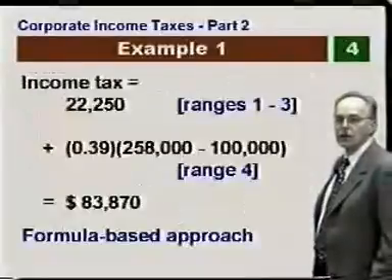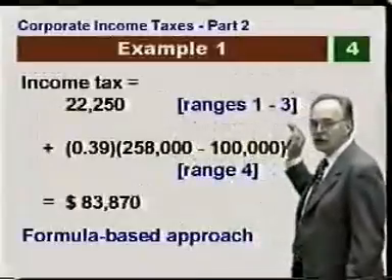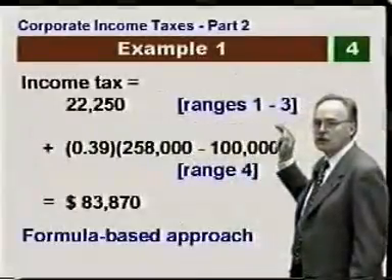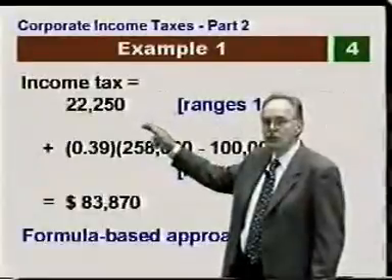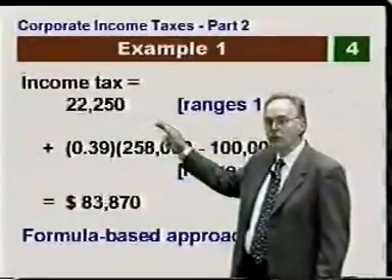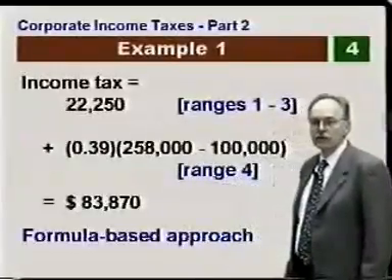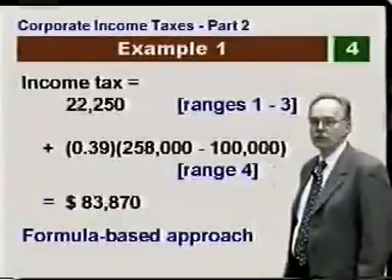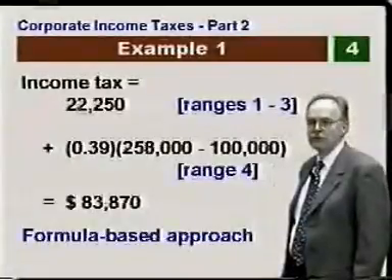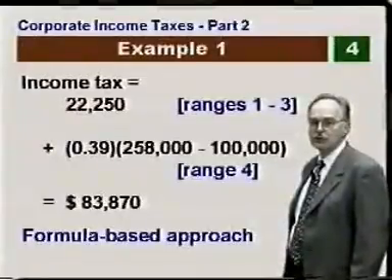And the explanation of that tax is that in ranges 1 through 3, the first 3 brackets, the total tax is $22,250. So this $22,250 consists of the 3 components: the 15% tax from 0 to 50,000, the 25% tax from 50 to 75, and the 34% from 75 to 100,000.